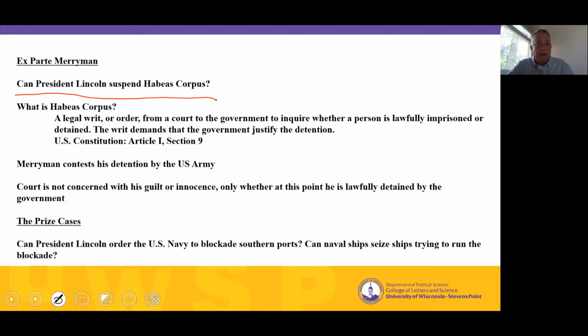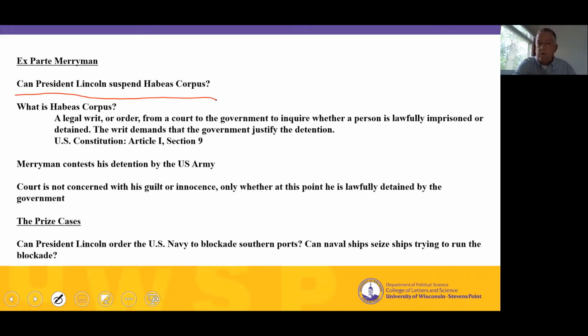And if that reason can be explained to the judge and it's acceptable legally, lawfully, then the person continues to be detained. The government might not have a lawful reason, and in which case the judge orders the government to let the person go. So it's not necessarily about guilt or innocence. The question is, does the government have a lawful reason to detain this person?